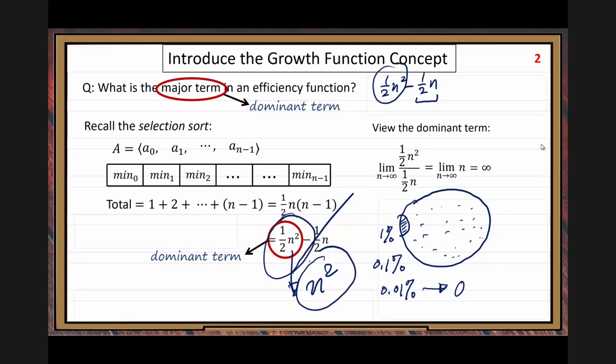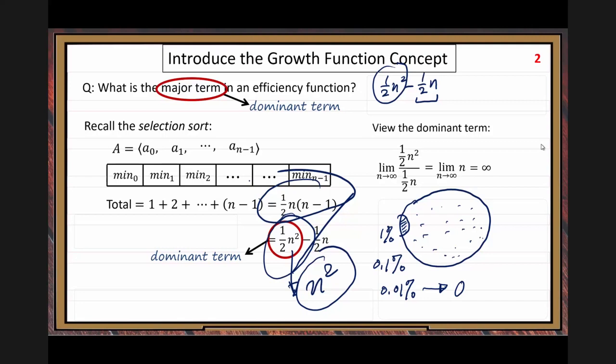This time we think this n squared represents the most important nature of the original function. So this original function is an n squared function. We treat it that way because the most important nature of that function is n squared.